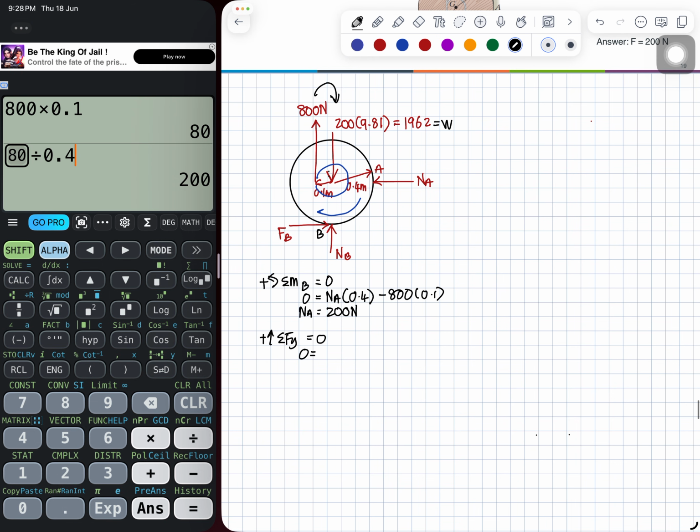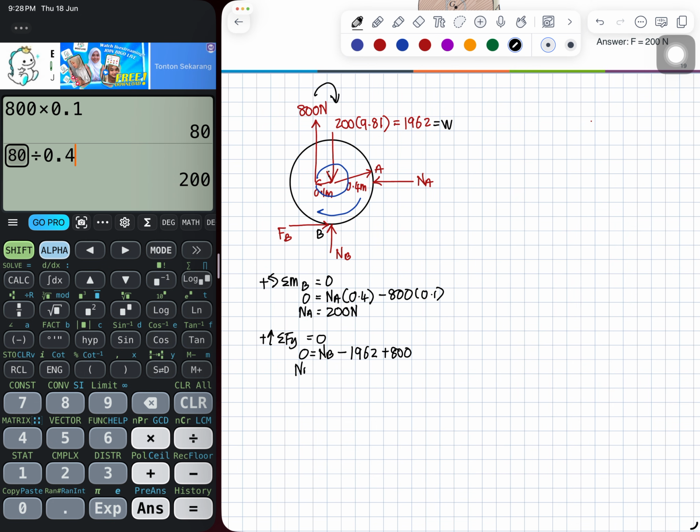Next, summation of Fy equals to 0. We are going to calculate the normal force at B. Normal force at B, positive upward: NB minus W, 1962, plus 800 equals 0.